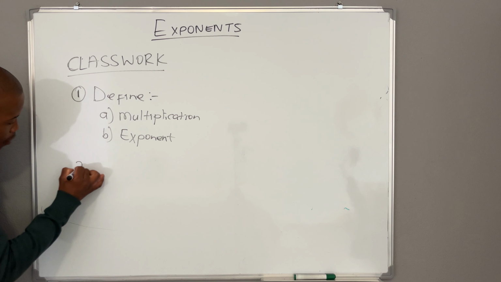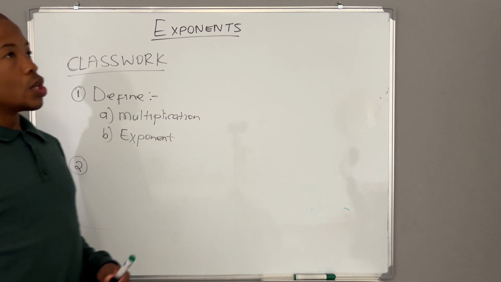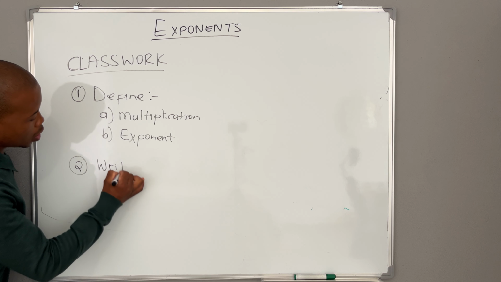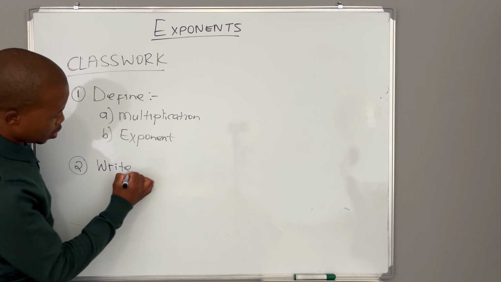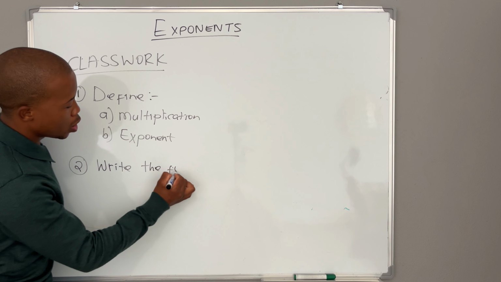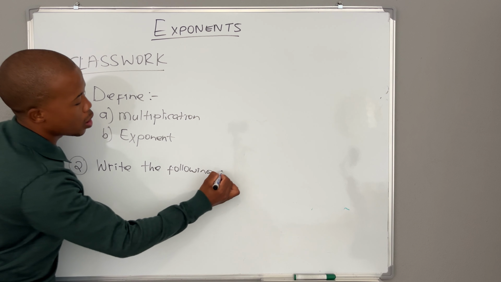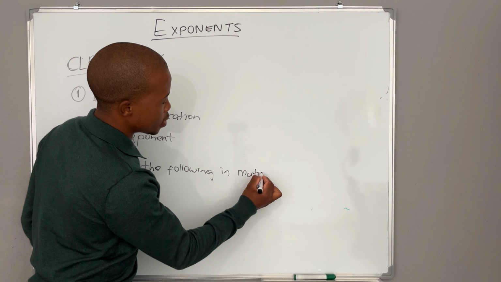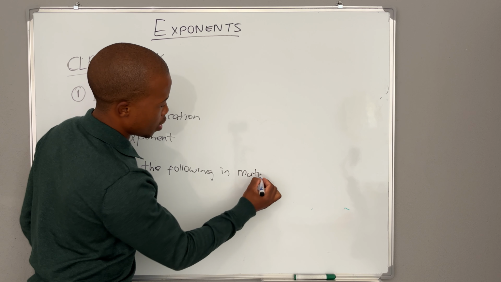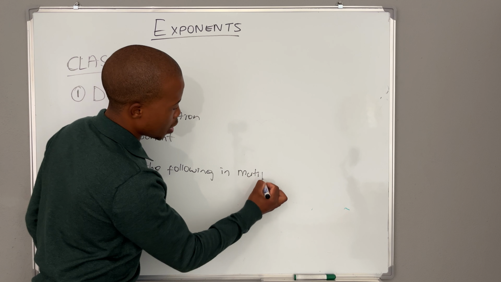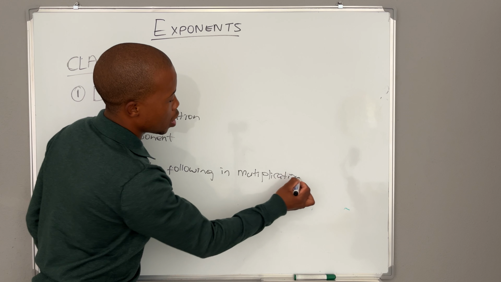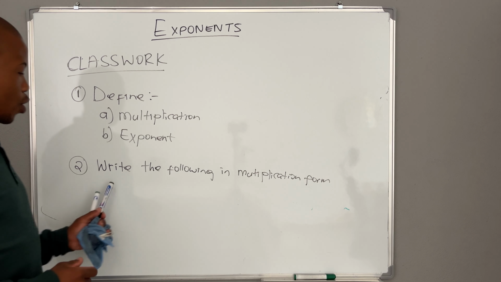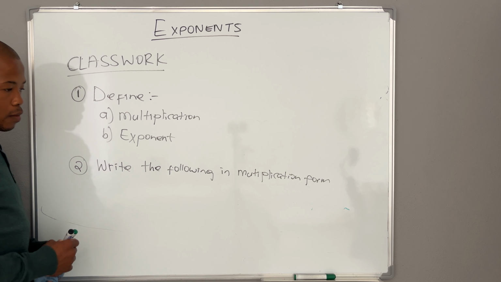And then for number 2 here, you are going to write the following in multiplication form. The other one, you're going to write the following in multiplication form, right?